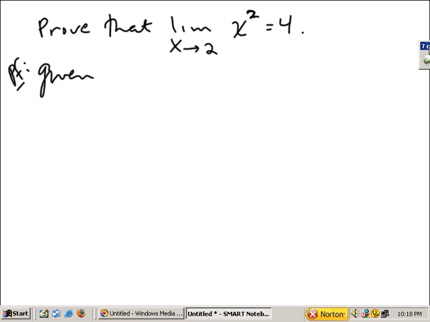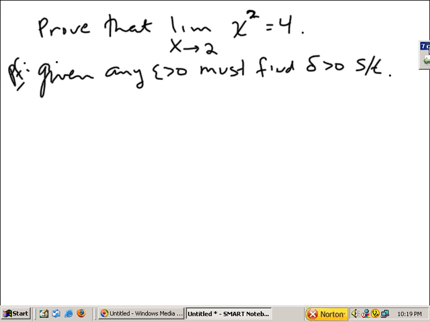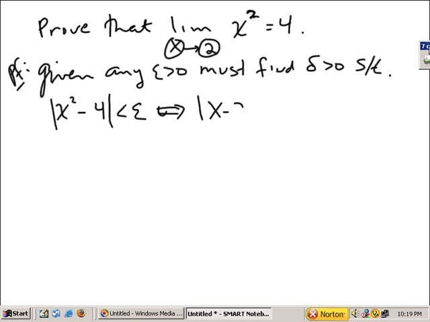Given any epsilon greater than 0, you must find a delta greater than 0 such that the absolute value of f of x, x squared, minus the limit is less than epsilon. That implies that the absolute value of x minus c is less than delta.